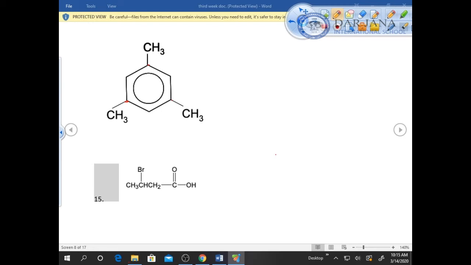Let's start numbering from this carbon 1 and moving clockwise 3, 5. So this molecule is called 1,3,5-trimethylbenzene.